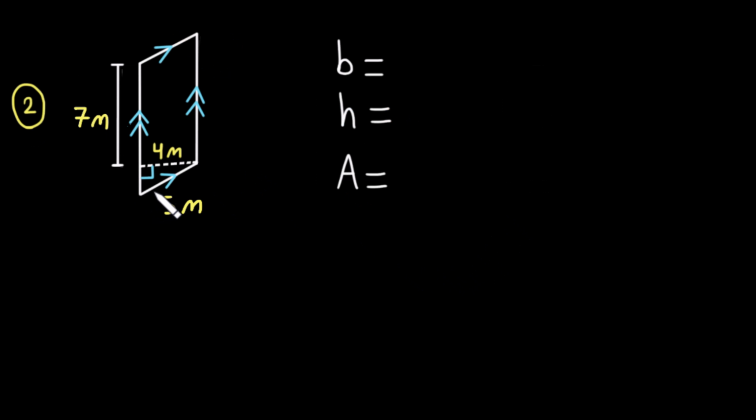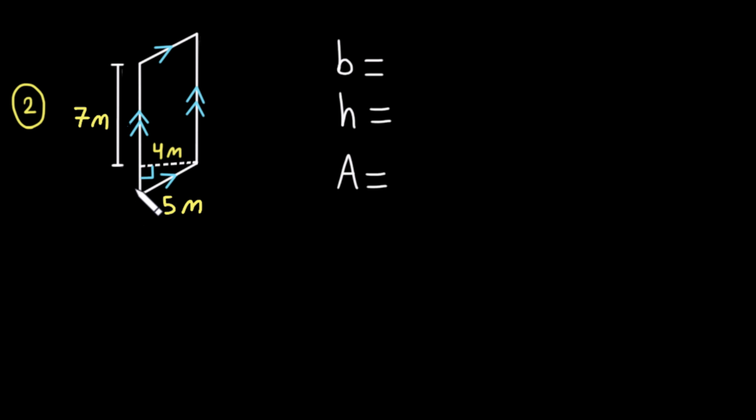The second example, here we have this parallelogram. Here opposite sides are parallel, so this is a parallelogram. We don't have the full length of the base, but we have the height and the slanted side. We have the part of this side, but we don't have the full base of this parallelogram.